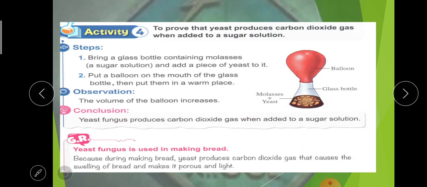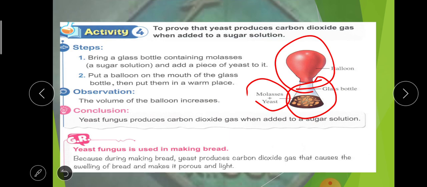Let's identify this by an activity. We put molasses, which is like honey but black honey and contains a lot of sugar. We put yeast fungus in this molasses in a bottle and put a balloon at its top.